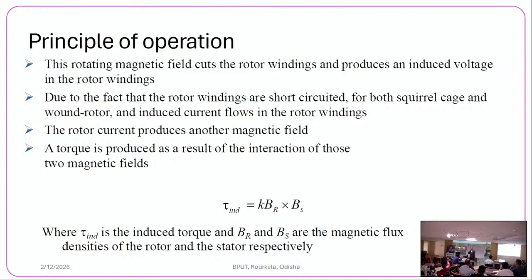Before the rotor starts rotating, the magnetic field is rotating at synchronous speed all the time. The relative speed is synchronous speed because the rotor is not rotating. The slip is one.